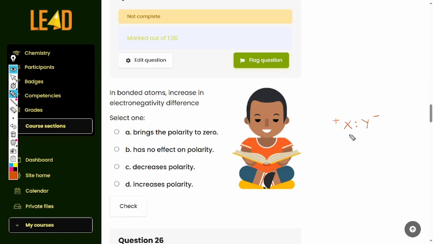So the larger the difference in the electronegativity, the more polarity you have, because the more electronegative one will pull the electron pair closer to itself than the other. But the lower the difference in the electronegativity, the less polarity you have. So the correct answer here would be that it would increase the polarity. If the electronegativity difference increases, there will be increased polarity. So the answer is D.